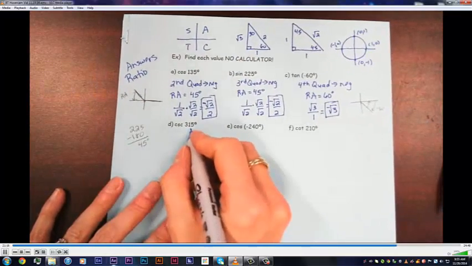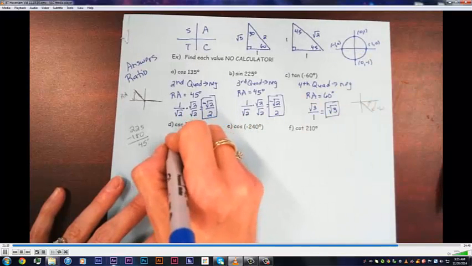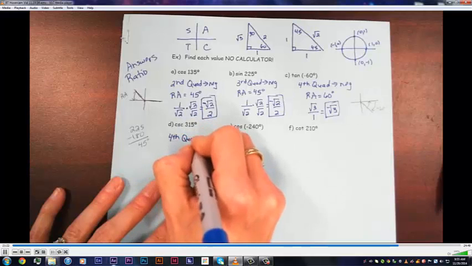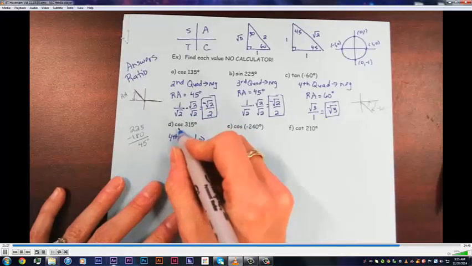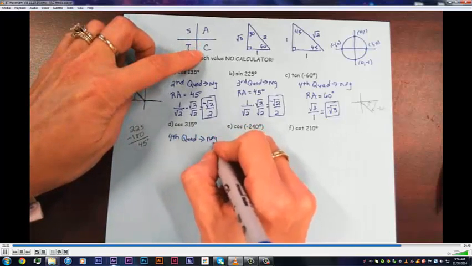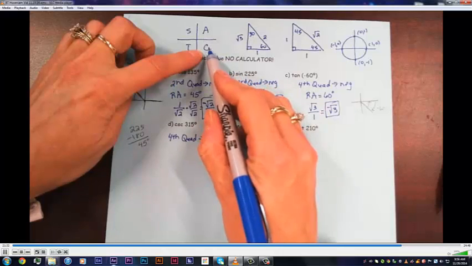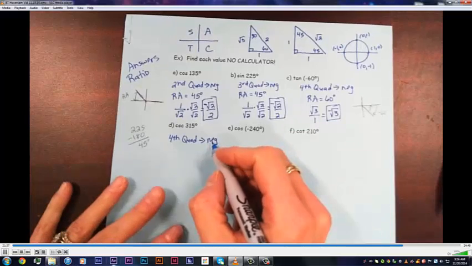Cosecant, 315. First of all, check quadrant. 315 is in the fourth quadrant. Okay? Cosecant in the fourth quadrant. Cosecant is going to be negative because the only thing that's positive in the fourth quadrant is cosine and its reciprocal partner secant. So again, we've got another negative ratio.